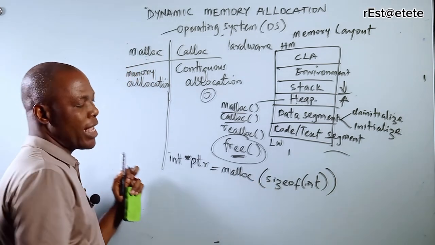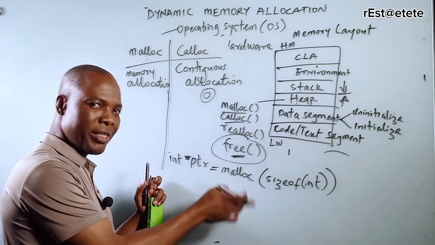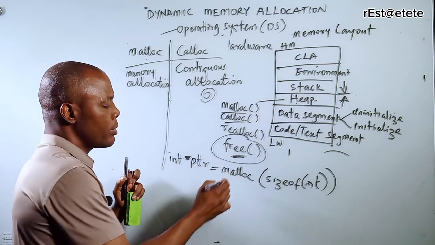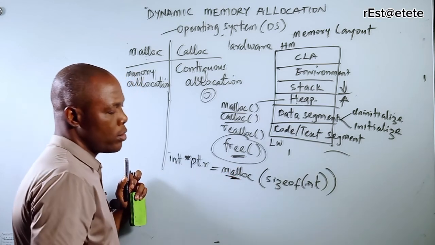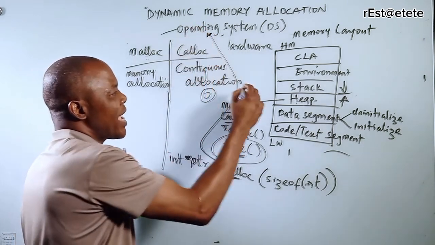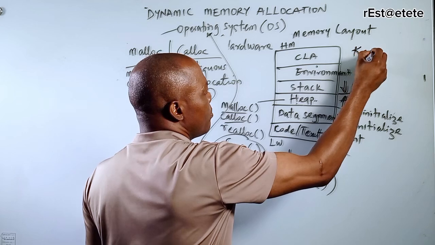So you are meeting something like this in your program. I'm still going to explain this in the malloc program. When you meet something like this in your program, what happens? This malloc is a function that will go to the what? Operating system, which is the kernel of the operating system.